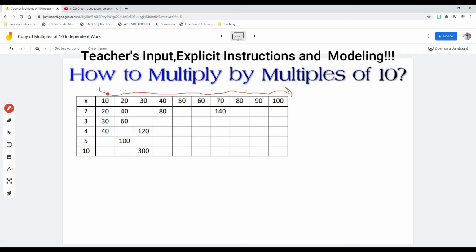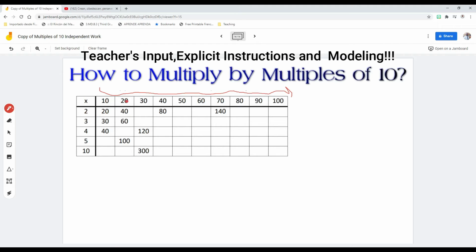It is because these numbers are the product of multiplying 1 by 10, 2 by 10, 3 by 10, 4 by 10, 5 by 10, and this is the product of doing that. Some of the exercises are being done for you and some of them are not. So our job here is to do 2 or 3 of them, and the rest of them you can use to practice.